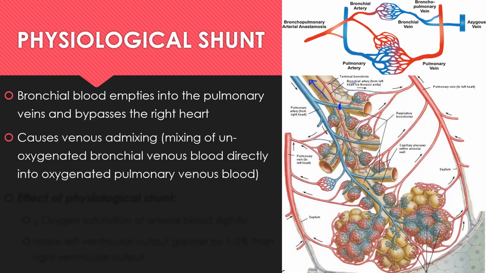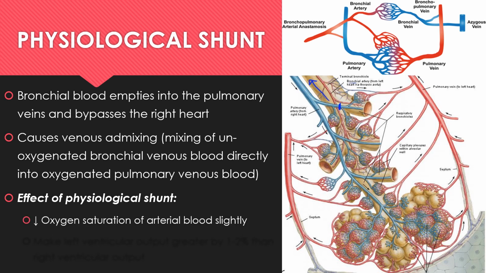This causes venous blood mixing with the left atrium, which receives the oxygenated blood. This venous admixture, the mixing of unoxygenated bronchial venous blood directly into the oxygenated pulmonary venous blood, is called the physiological shunt.